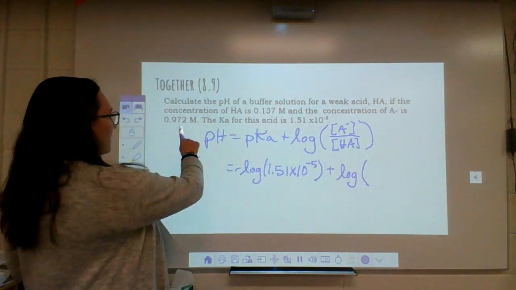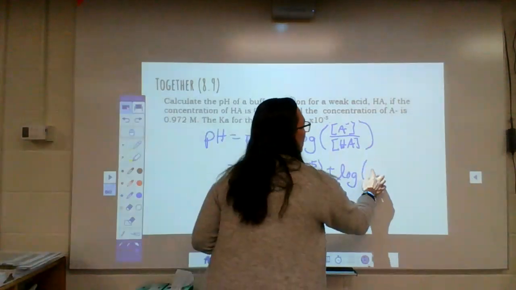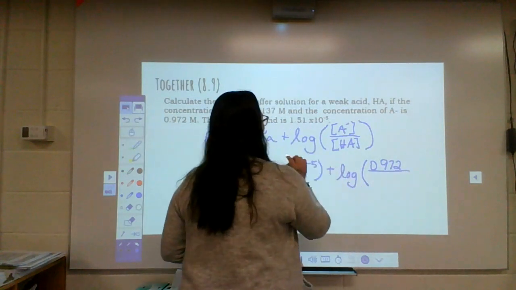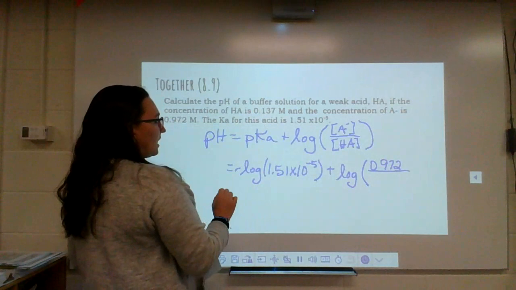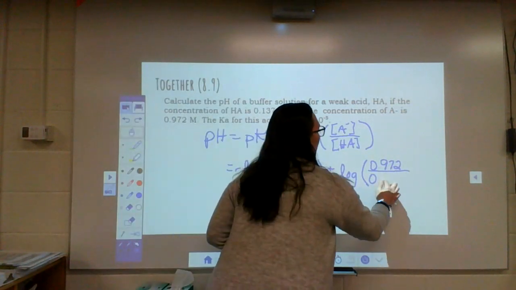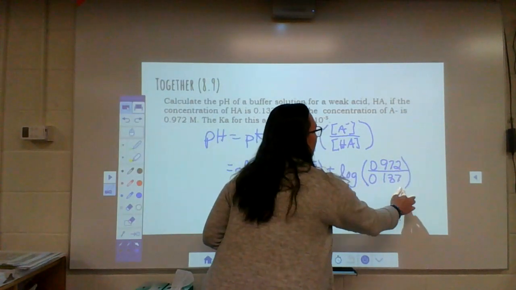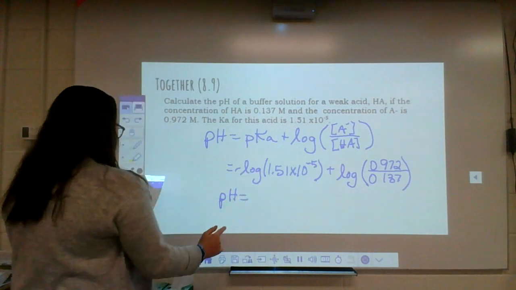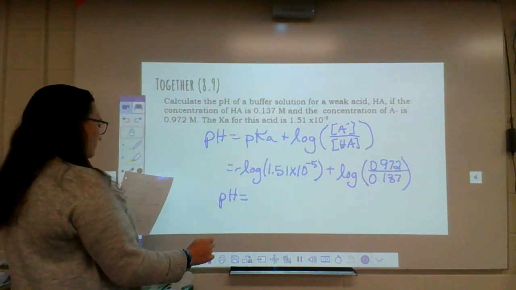And so my conjugate base concentration was 0.972, and the concentration for my acid was 0.137. And so plugging this into my calculator, I'll find that the pH is equal to 5.672.